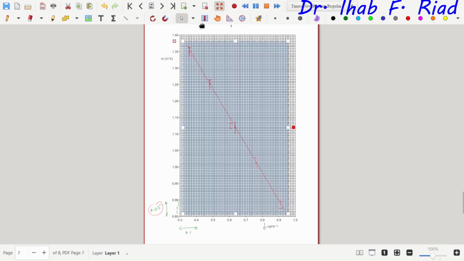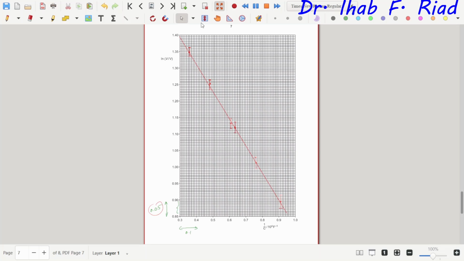You use your meter ruler and try to get the line that goes through the center of all your data points as well as you can. Okay, like this. I think this should be a good line. Okay, this is going to be the line of best fit.